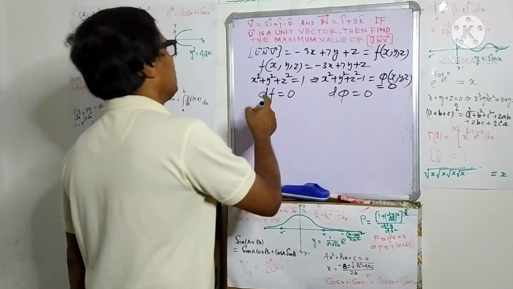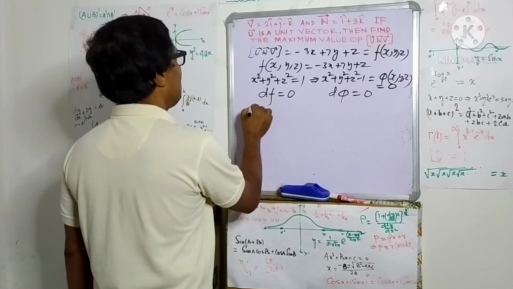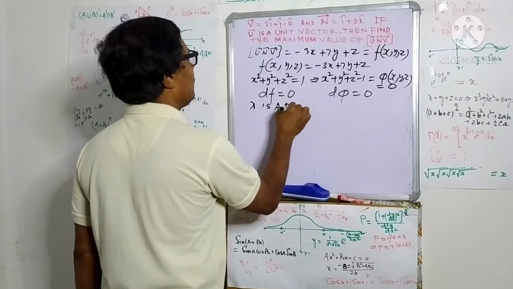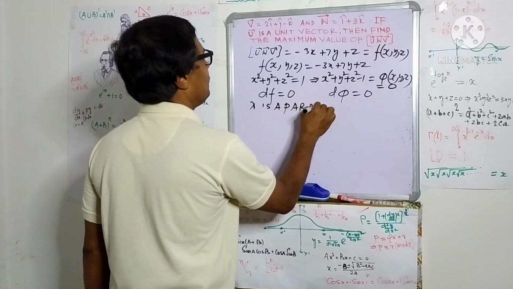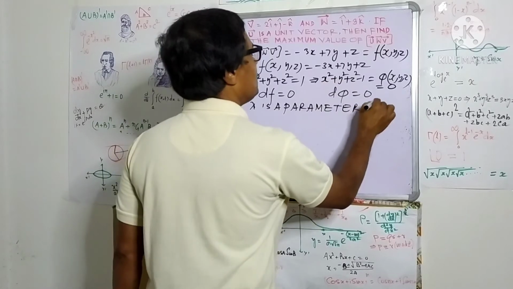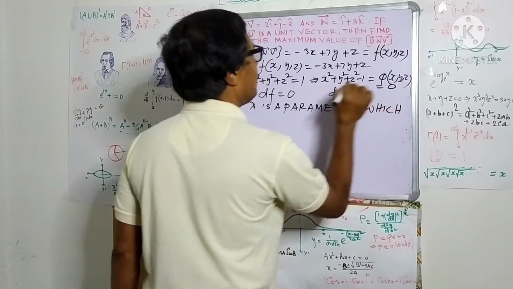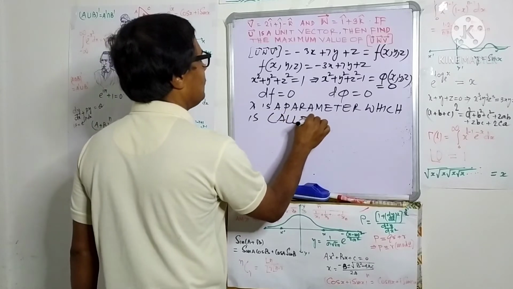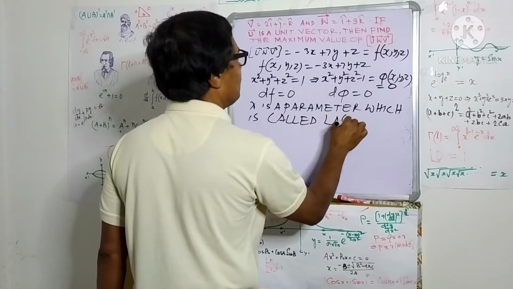Now use the Lagrange multiplier. Lambda is a parameter which is called the Lagrange multiplier.